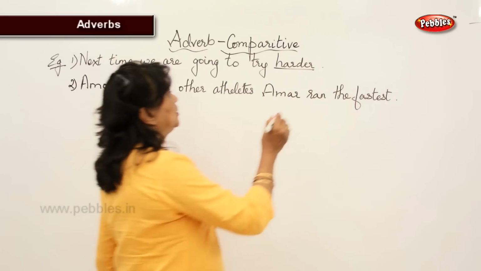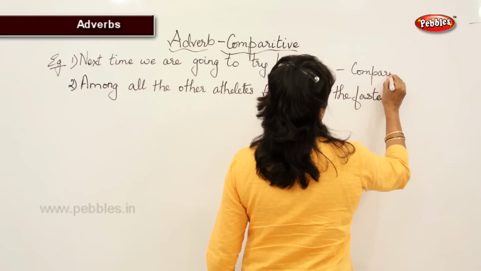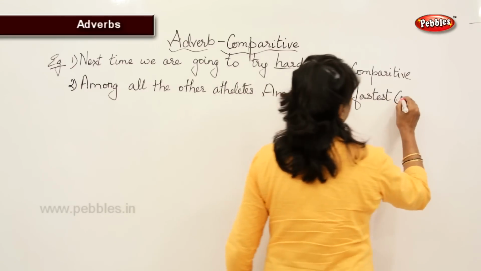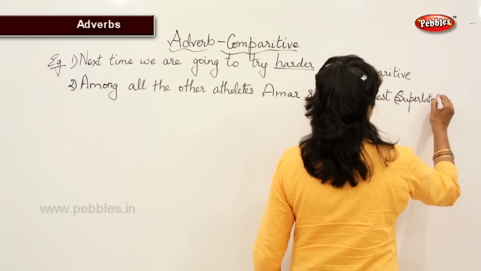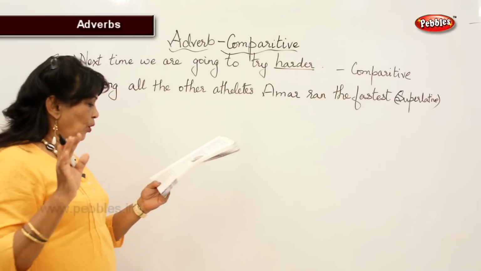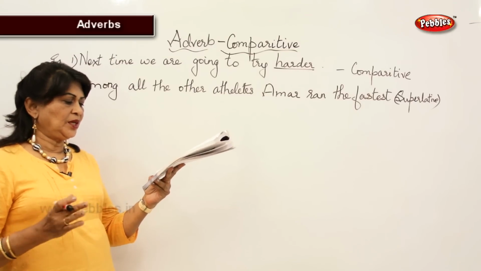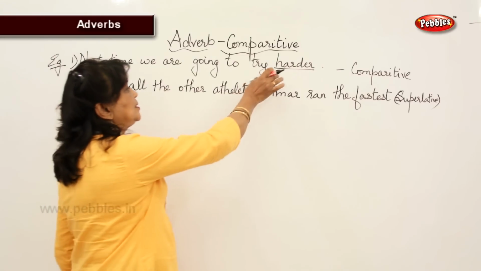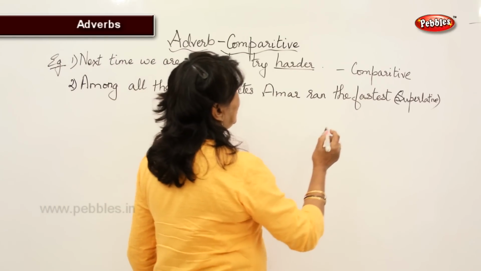So, this is the comparative and this is superlative. Okay, now next, with adverbs of two or more syllables, the comparative and superlative degrees are formed by putting more and the most before the positive degree. Okay. For one syllabled words we add er, and for superlatives we add est.